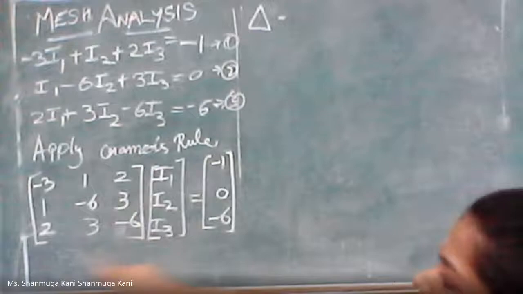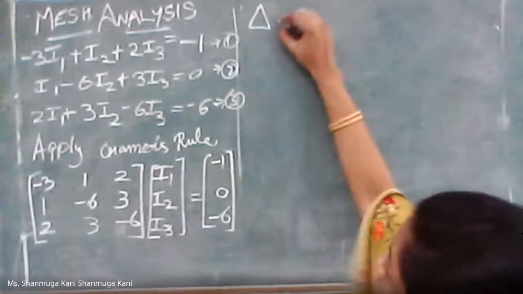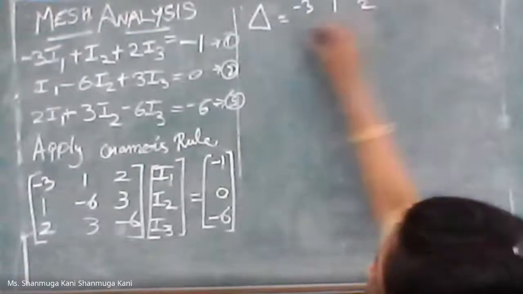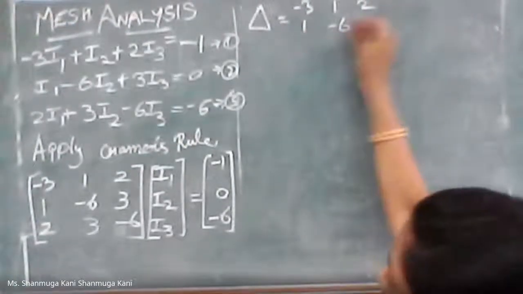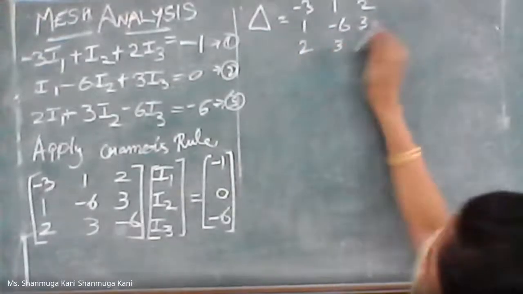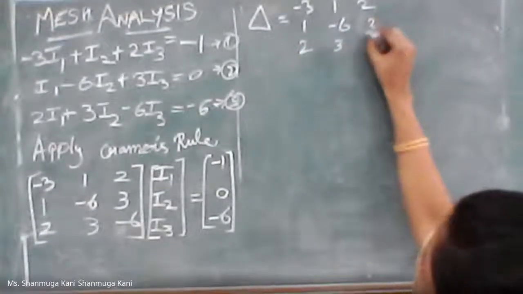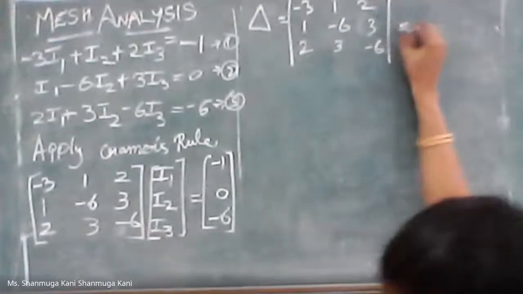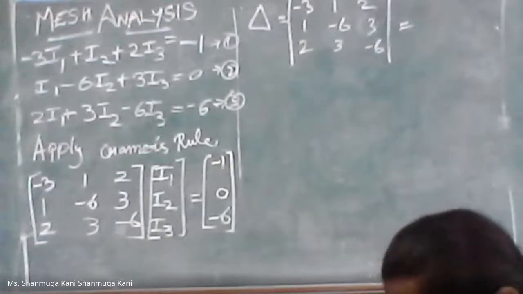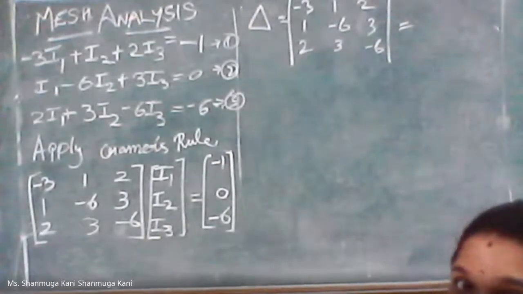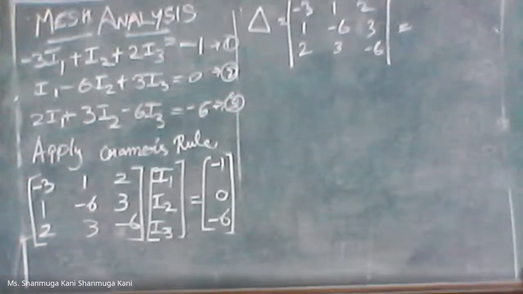Find the determinant for this first matrix alone. It is minus 3, 1, 2, 1, minus 6, 3, 2, 3, minus 6. Find the determinant for this value.